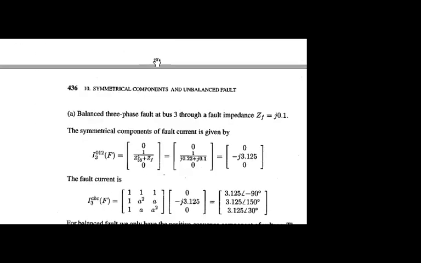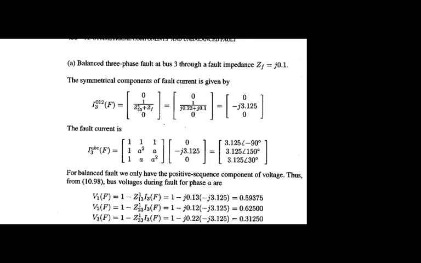So this one is the row number and this is the column, so it will be Z131. So Z131 is there and I3F is there. We can use that information to determine V1F, that means the bus number 1 voltage during fault.